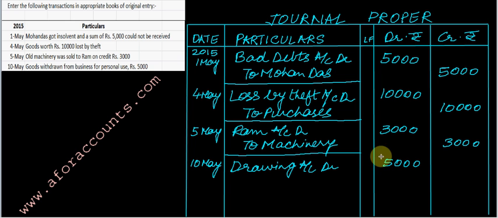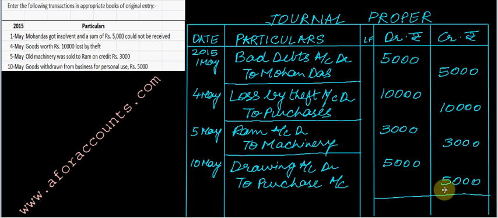When goods are withdrawn, purchase account has to be credited because when goods come in, I increase my purchase account. Purchase account has a debit balance. When I am decreasing it, I have to credit the purchase account. So to purchase account, 5,000 written over here.